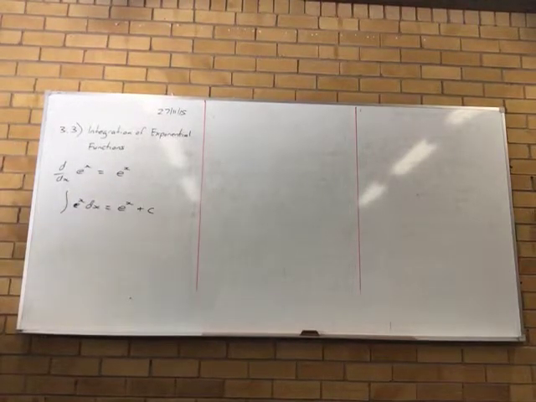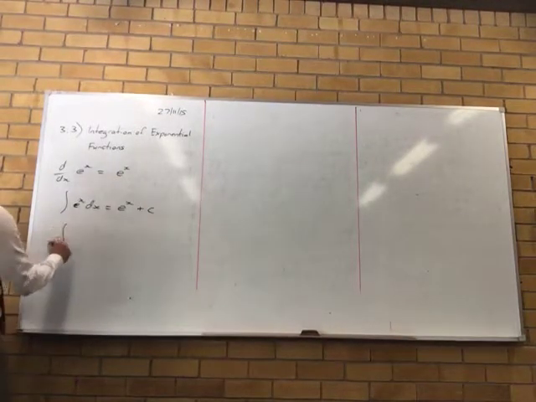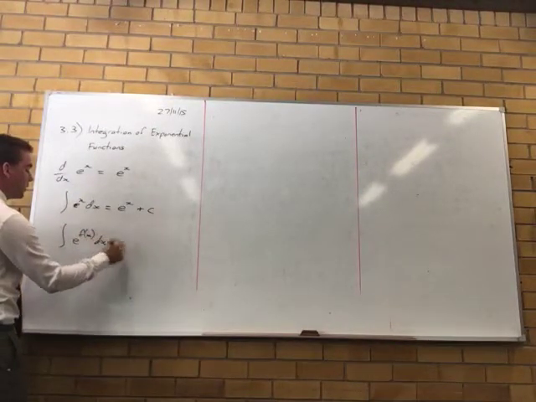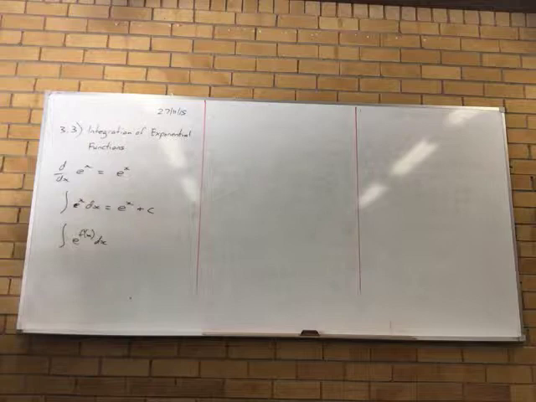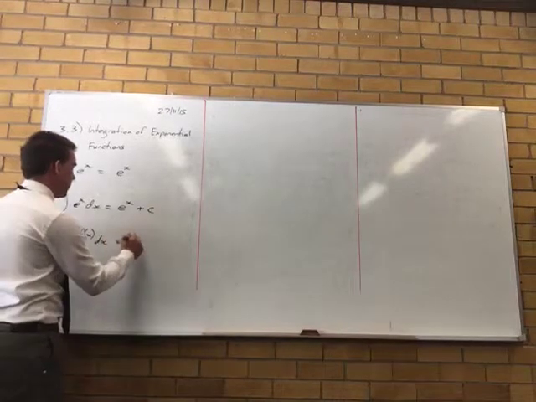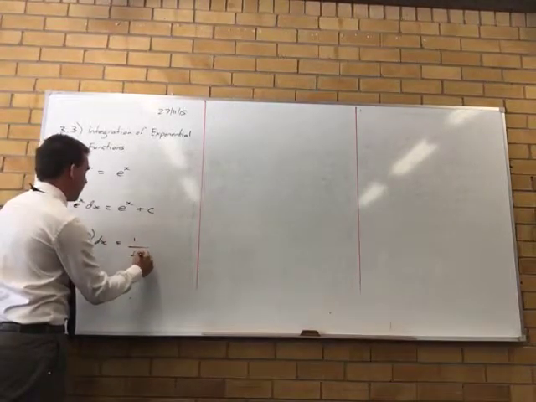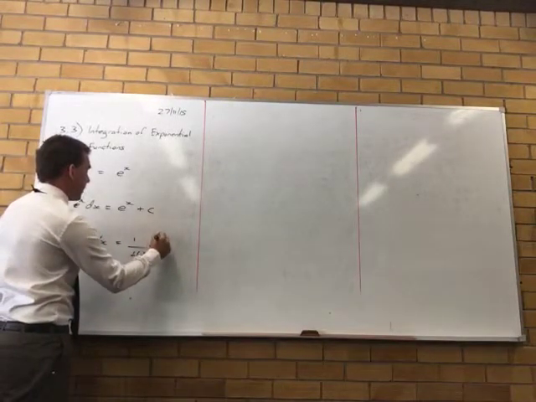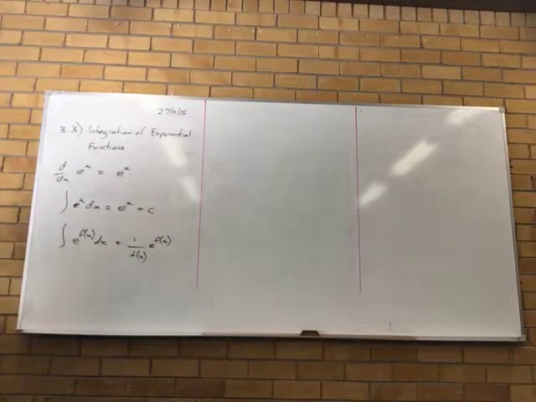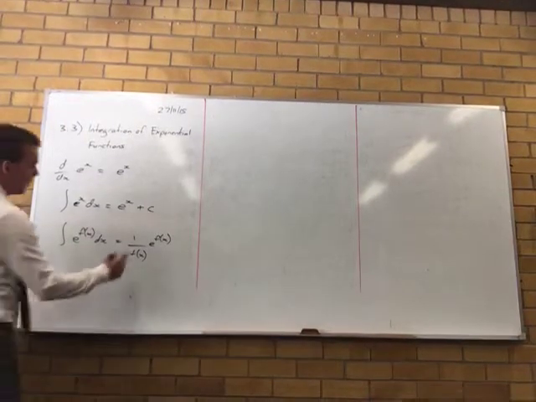So that's right. Alright, so the integral of e to some function of x, dx. It's very similar when we integrate powers. It's going to be 1 over f'(x), e to the f(x). I'll write that in the book soon. So 1 over the first derivative.